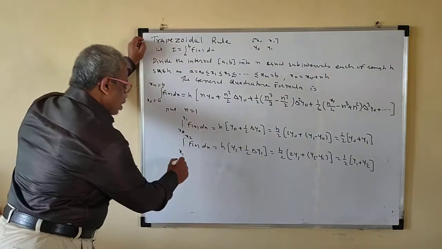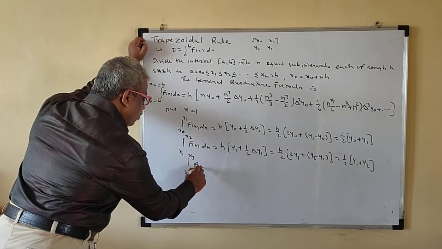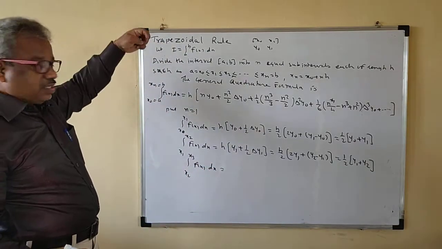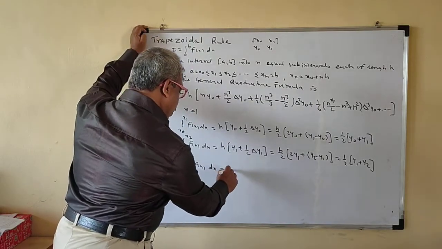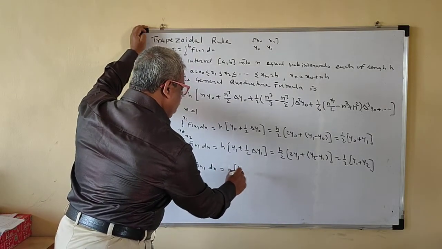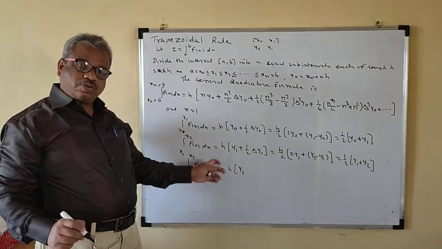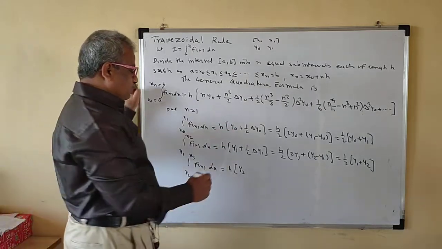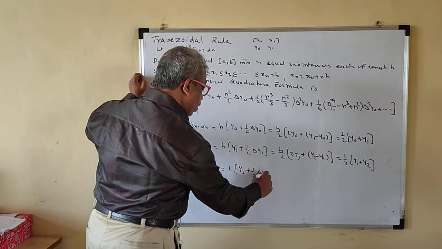So this is h by 2 times y1 plus y2. Now we will do this for x2 to x3 of f of x dx. This is h times y2, since here we have the values y2 and y3, so instead of y naught, it is y2, plus 1 half delta y2.